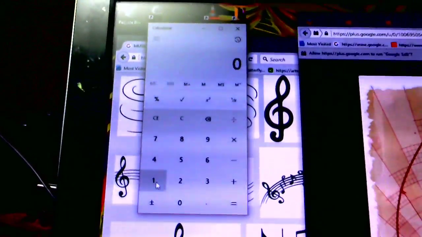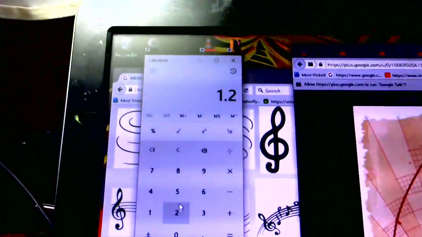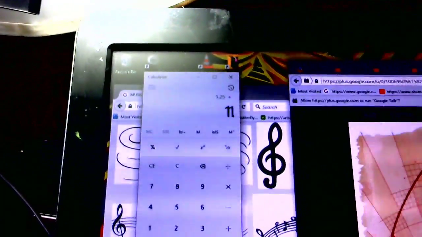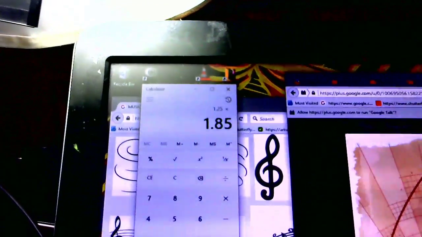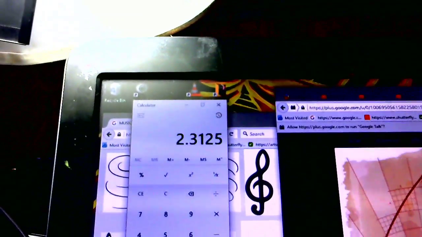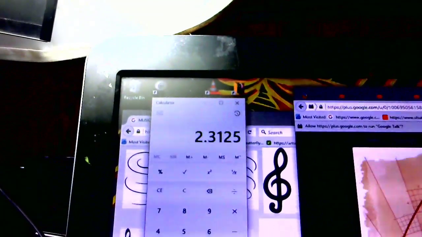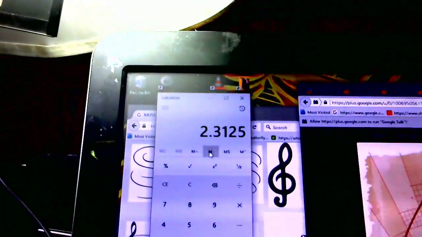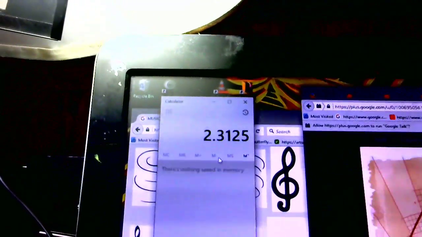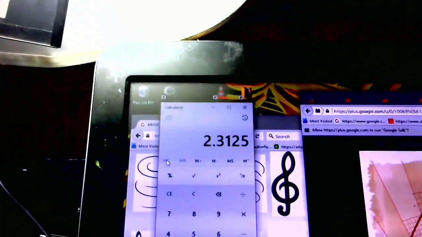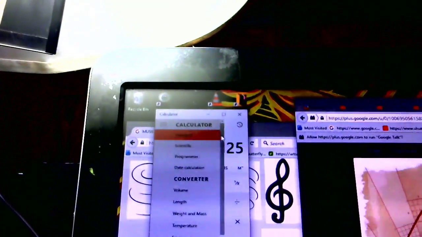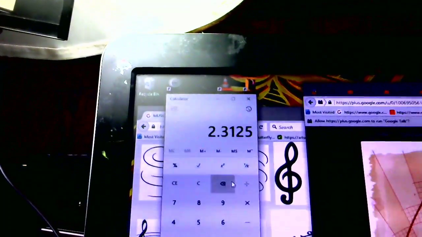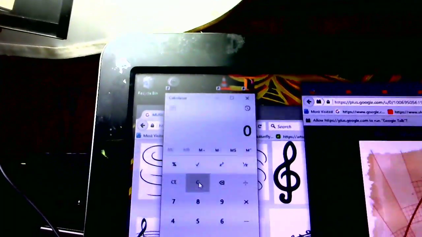Okay, and it's 1.25 times 1.85 equals to, no, that's not the right number, excuse me. How do I put this back to 0? No. I don't know how to put my calculator back to 0. That's pretty funny, eh? Clear. Okay, clear.